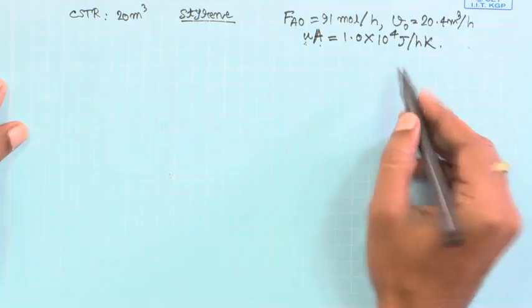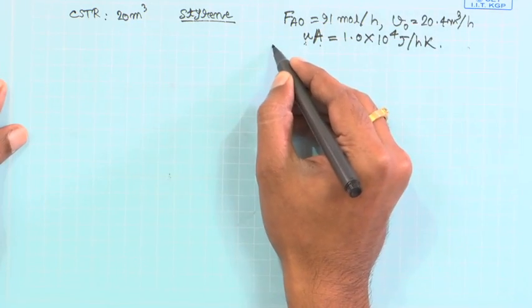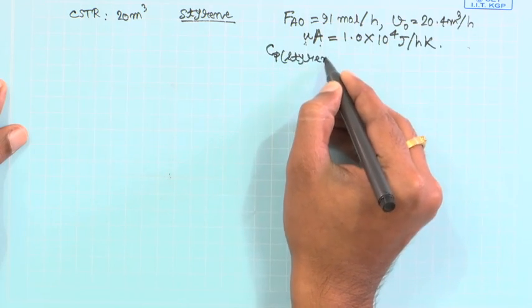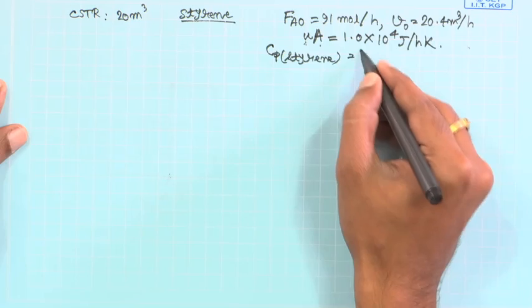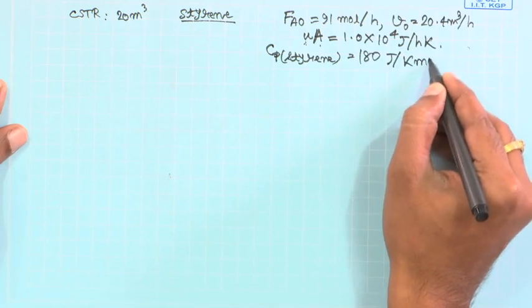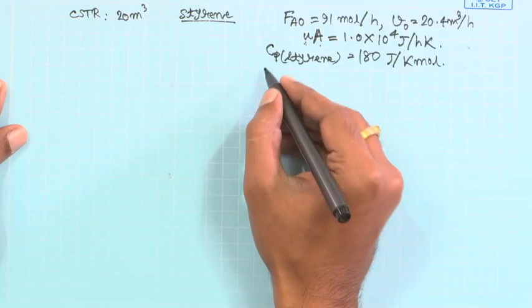Now, some of the data I have taken from literature, like the heat capacity of styrene. Heat capacity of styrene is equal to 180 joules per Kelvin per mole.